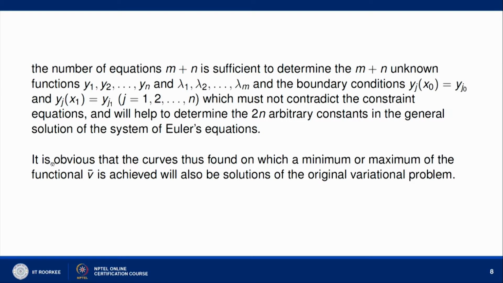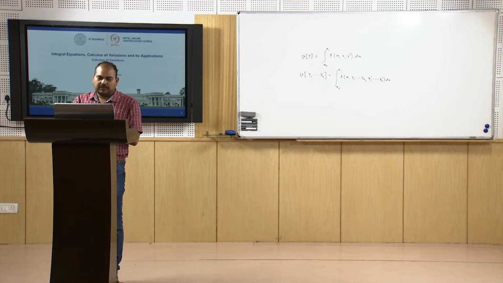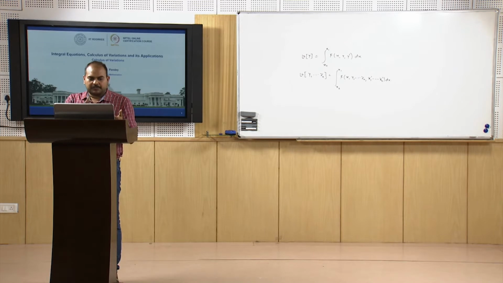So now here we try to observe that it is obvious that the curves thus found, on which a minimum or maximum of the function v bar is achieved, will also be the solution of the original variational problem. It means that what we are trying to do here, we are considering the functional along with some constraints. So we are considering the variational problem with conditional extremum.